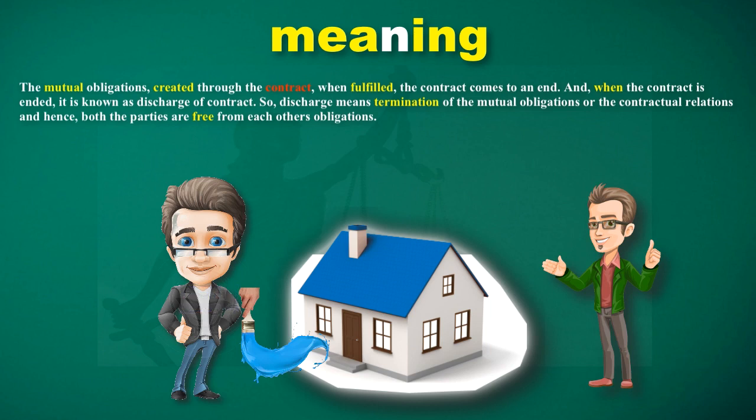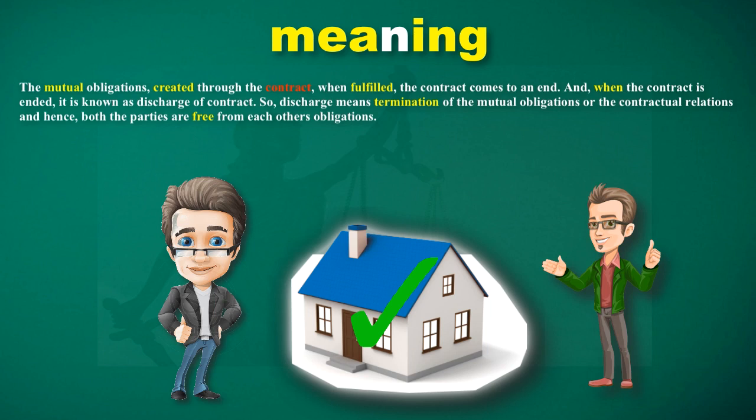Once you painted his house and he gives you the money, it is completed. You performed your part, your friend performed his part. So the contract is terminated because of the performance. Through performance the contract terminated, which means it is discharged.